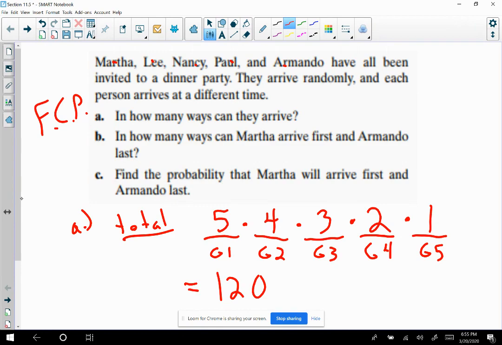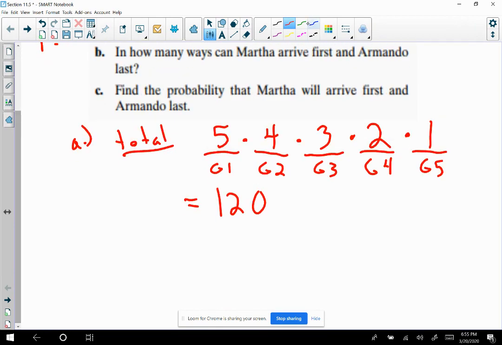Okay? Now, part B. Part B is all about our event. Okay? So how many ways in our event, what we're talking about is Martha arriving first and Armando arriving 5th. Okay, so that's our event.